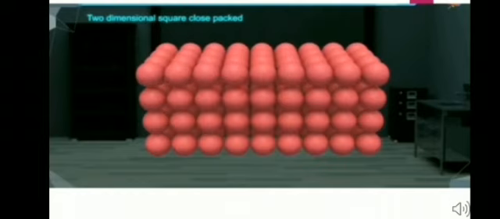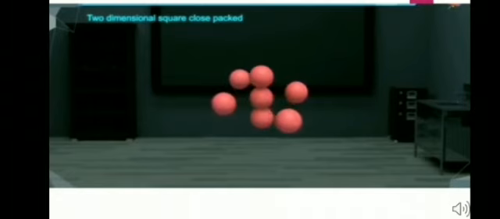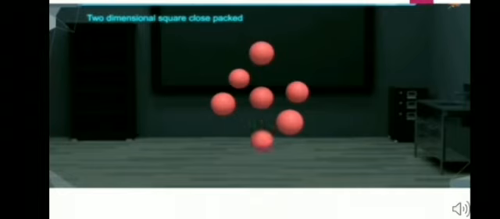On arranging the layers one after the other in this way, we can see each sphere is in contact with 6 other spheres: 4 from the same layer, 1 from the layer above and 1 from the layer below that sphere. So the coordination number is 6.